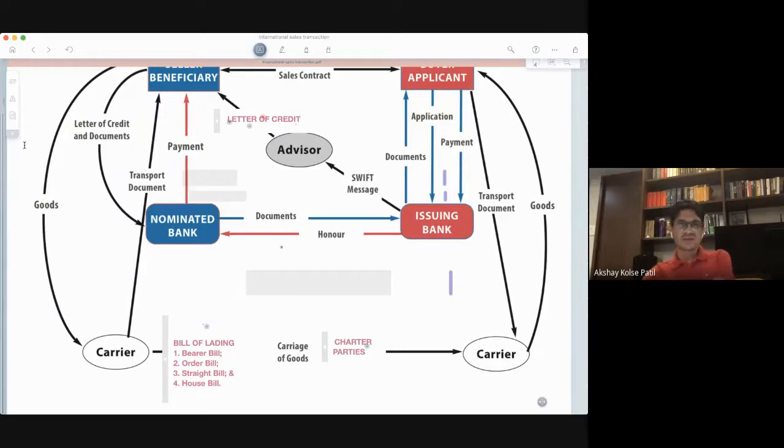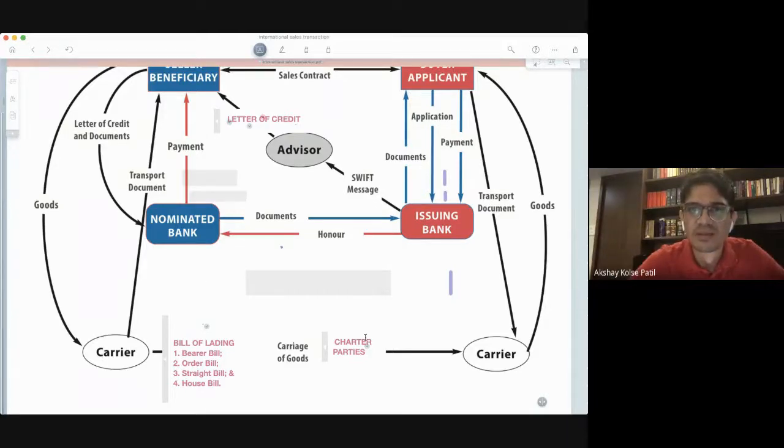Normally, if you're taking a charter party, you are entering into a contract with the owner to take over a ship for a certain period of time. That's called a time charter, or for a particular voyage, which is called a voyage charter, or you are interested in taking over the ship to run it, which is called a bareboat charter or a demise charter.